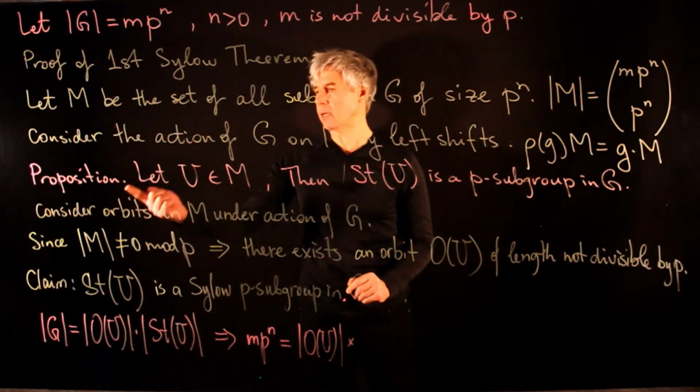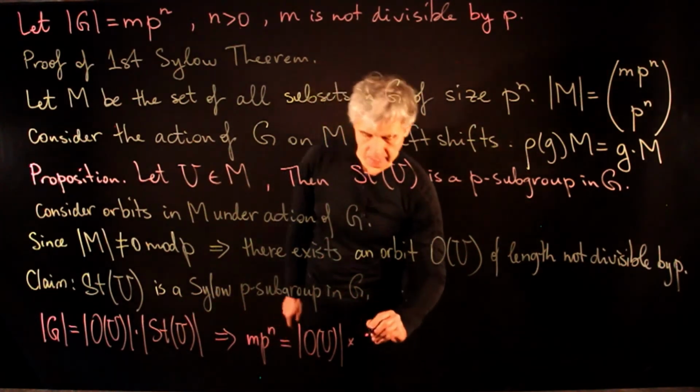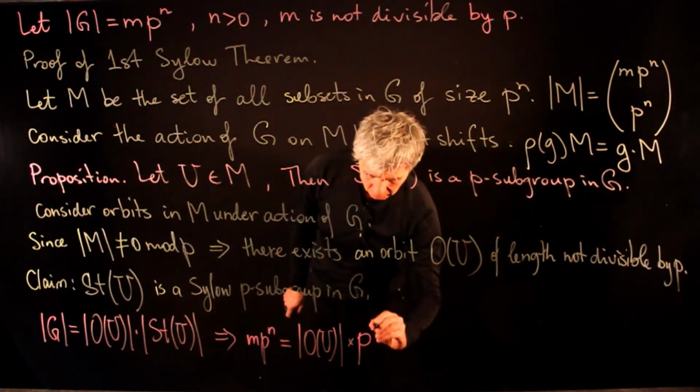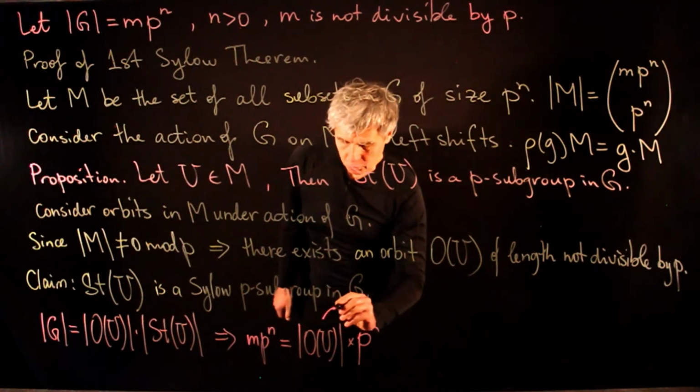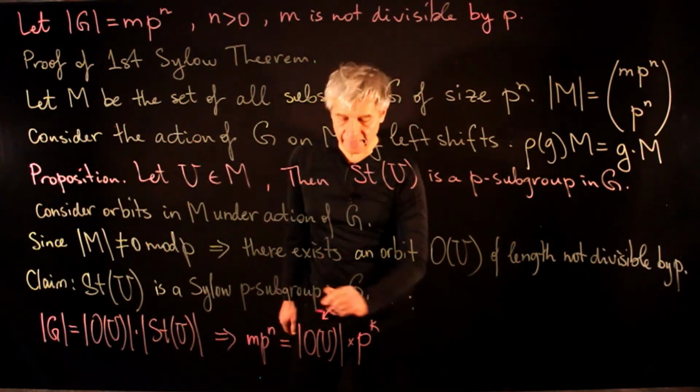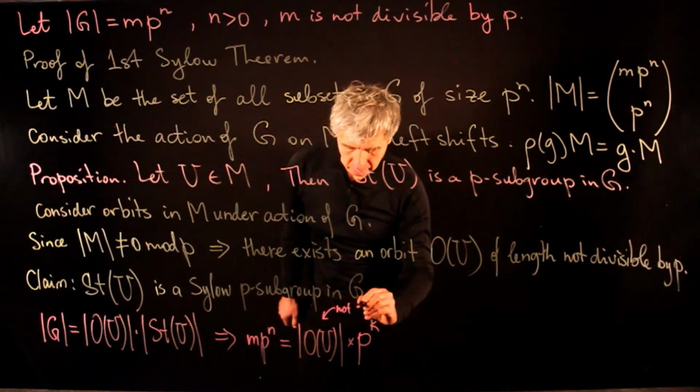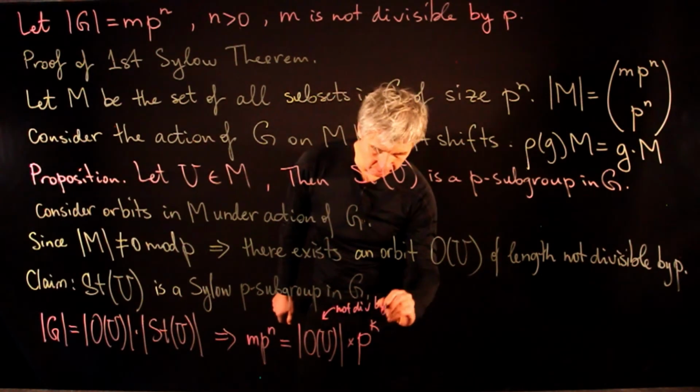But we proved in the proposition that the stabilizer is a p group, so its order is p to the power k. And here we have chosen an orbit such that its length is not divisible by p.